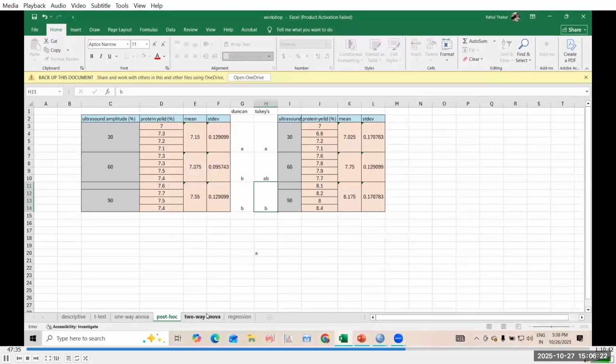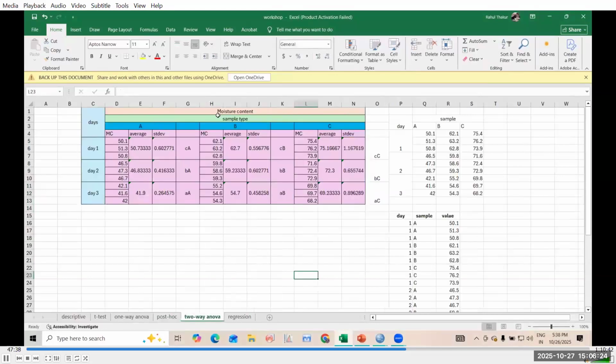This is the two-way ANOVA data. This is the table of moisture content of three different sample types, A, B, C, and the samples are stored for 3 days.